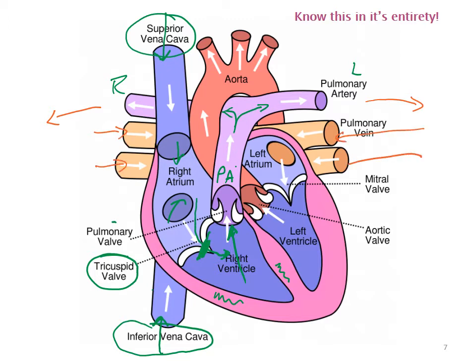Now, this is one of the few exceptions where a vein has oxygenated blood, and over here, the artery had deoxygenated blood. So we have this oxygenated blood that's going into the pulmonary veins, into the left atrium, now through the mitral valve, or the left atrioventricular valve.